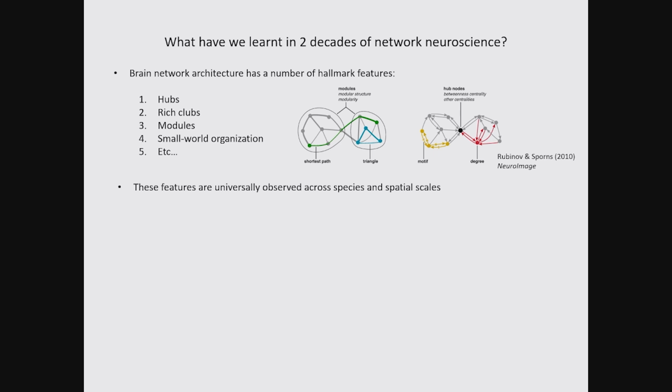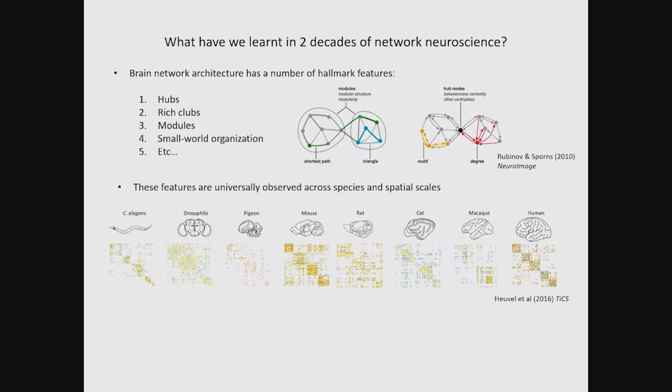They are observed across species and spatial scales, all the way from the connectomes of C. elegans to the human connectome. So I would say that at least from the perspective of structural connectivity, there's a consensus that brain networks are organized according to this architecture.